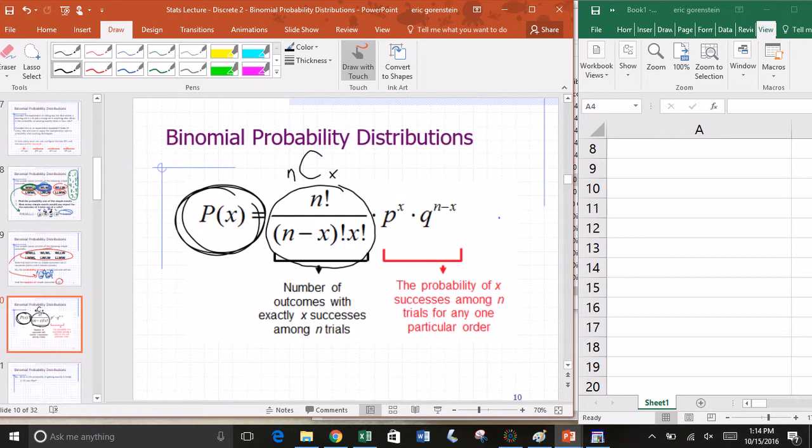Then we have P to the power of X for the successes, and Q to the power of the complement, N minus X, for the failures. So this is the formula for X successes out of N trials in a binomial experiment.